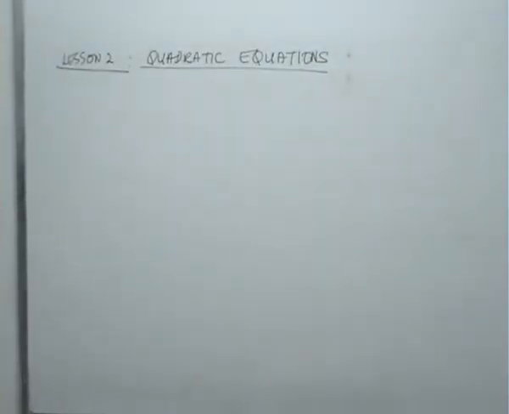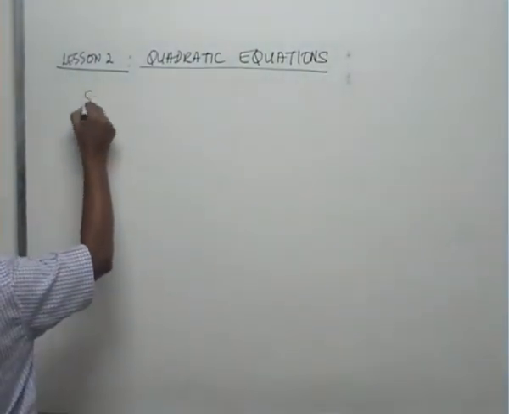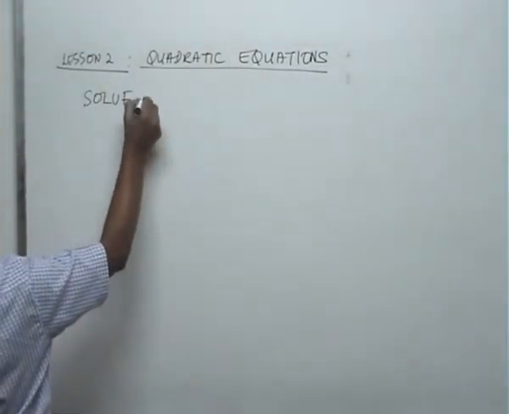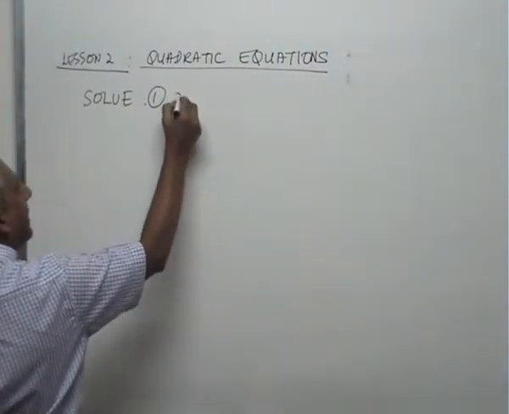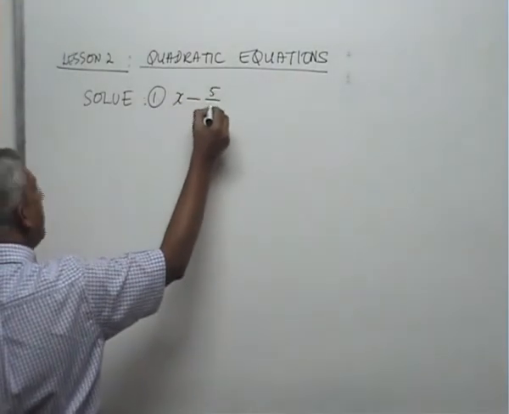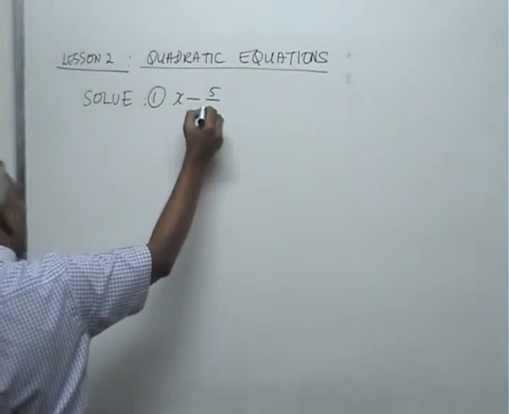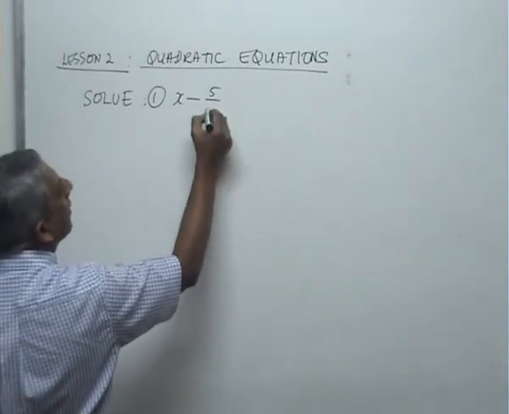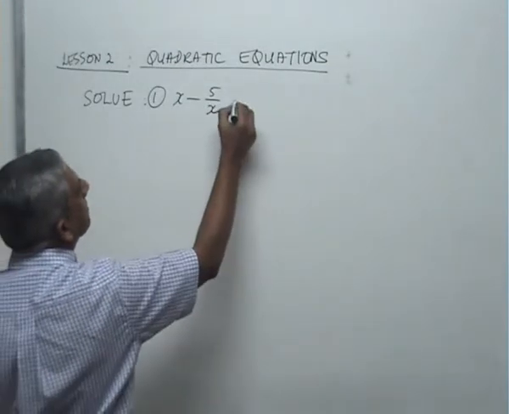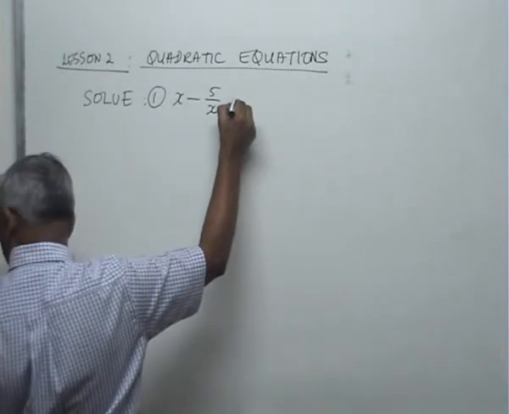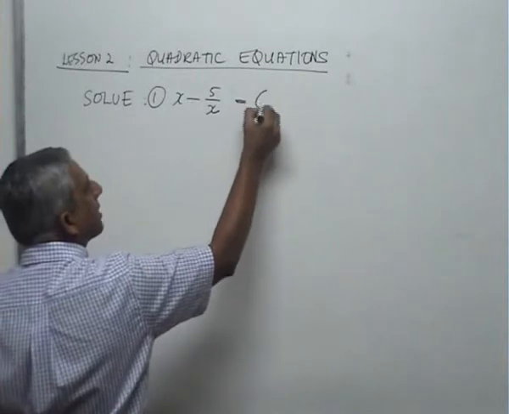Welcome back. We're moving on to lesson 2 on quadratic equations. So if we told you to solve, and we gave you this example here, x minus 5 over x is equal to 6.